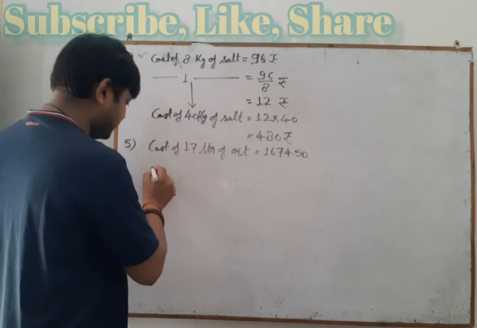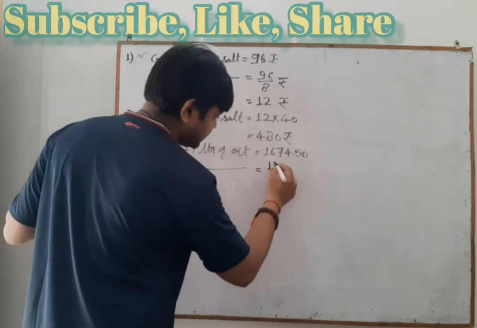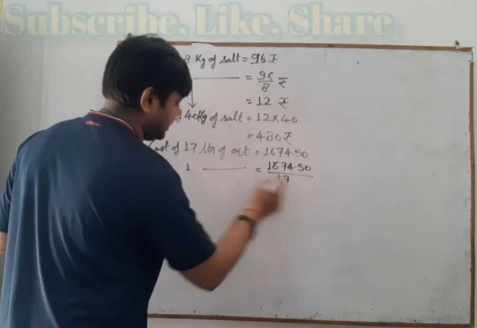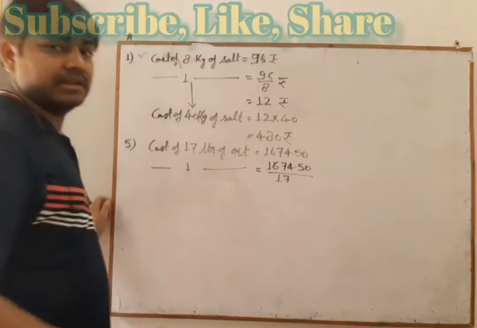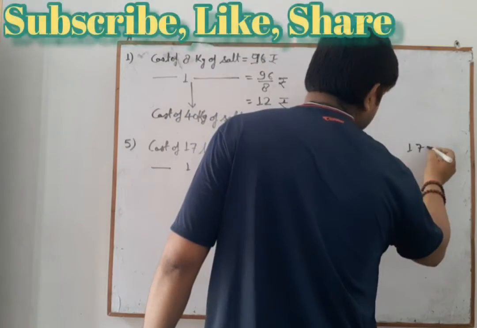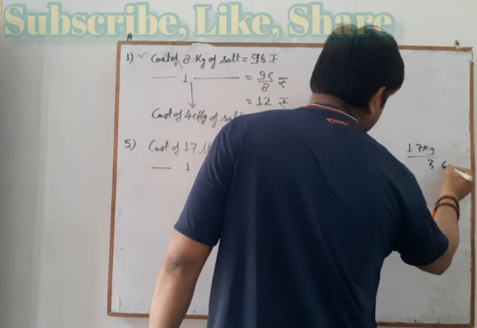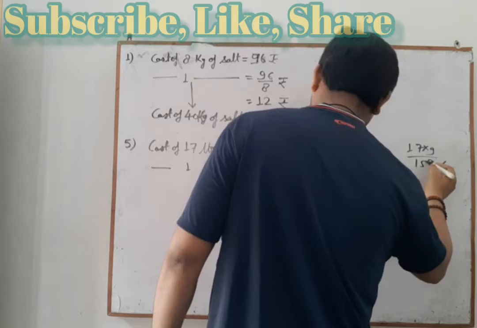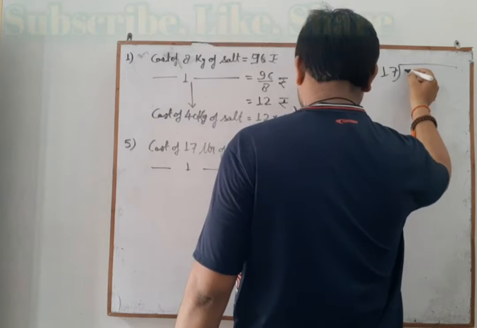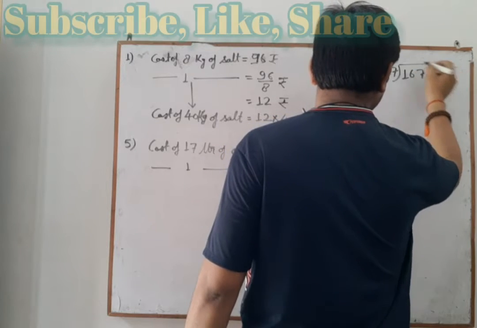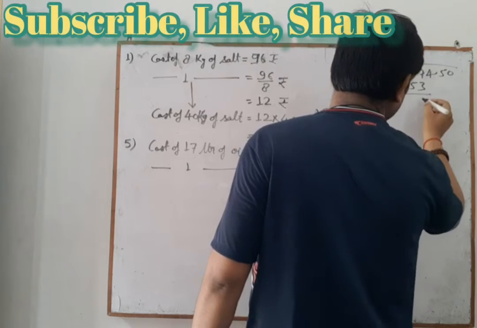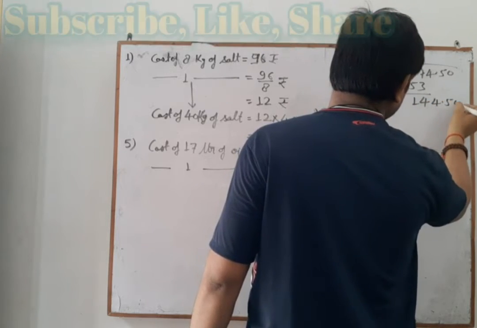So the cost of 1 liter of oil will be equal to 1674.50 divided by 17. Let's divide this.